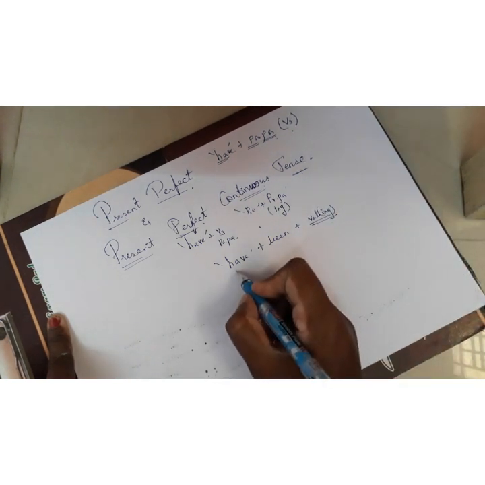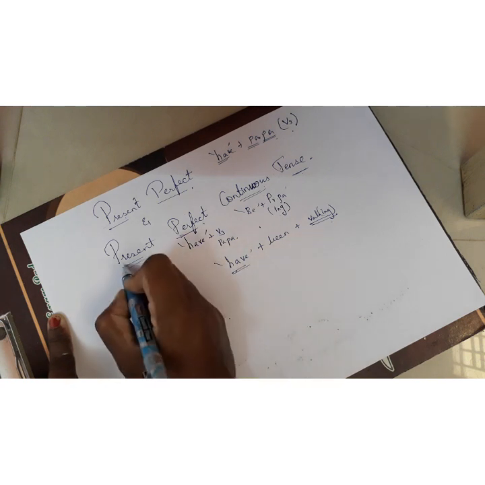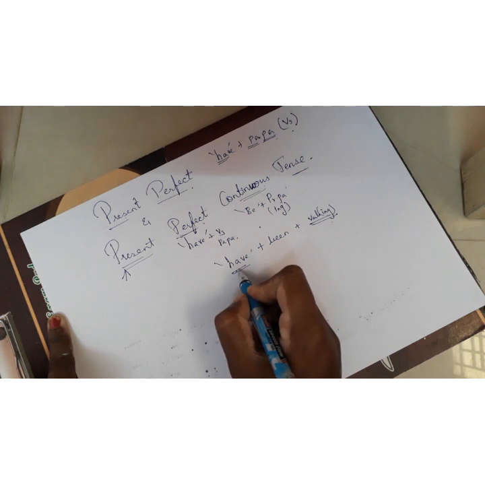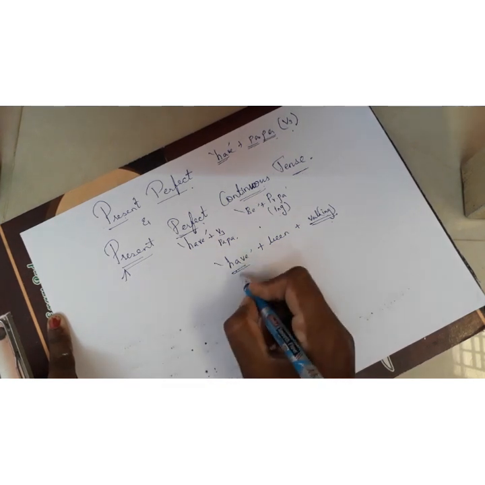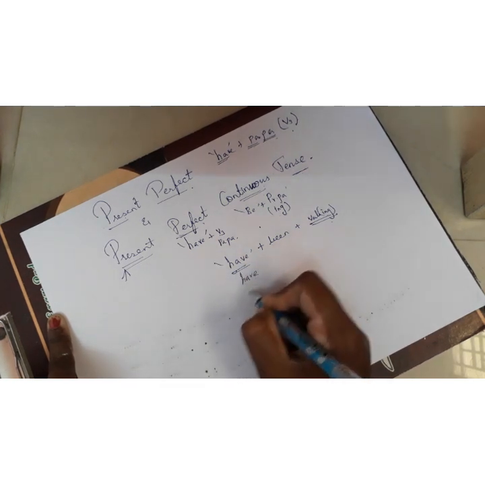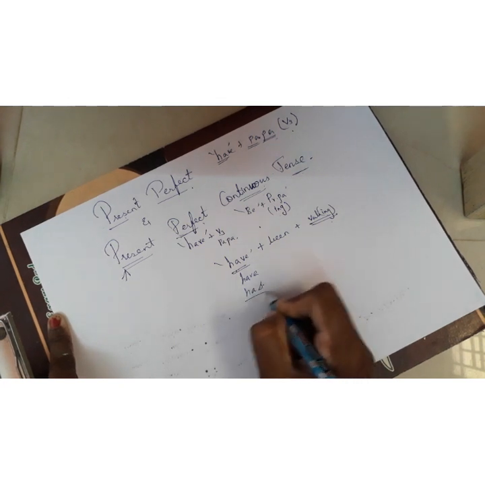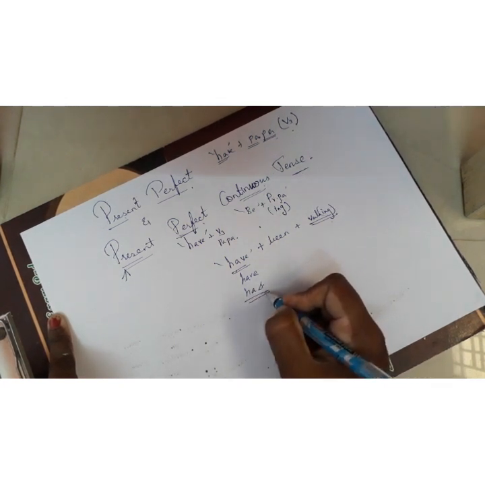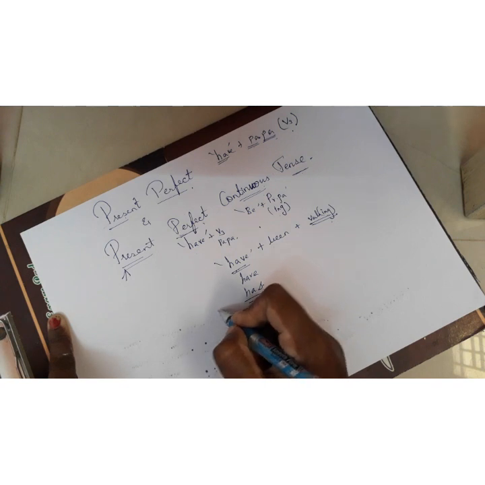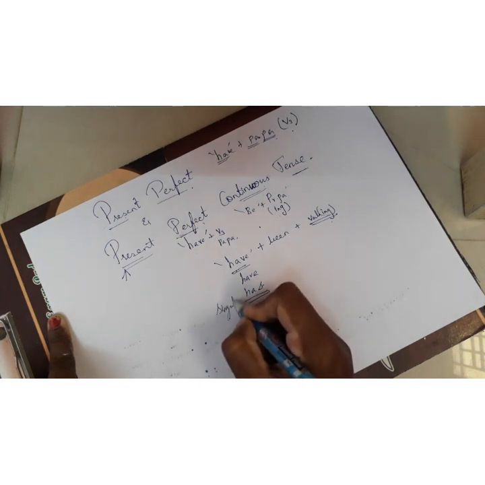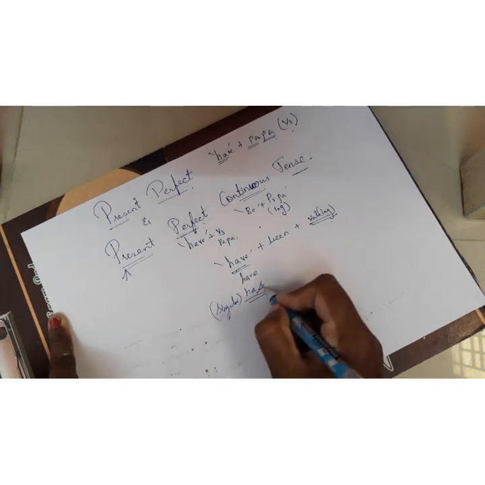See here, the have verb, as it is present tense, has two forms: have and has. When do we need to use has? With a singular subject we have to use has.